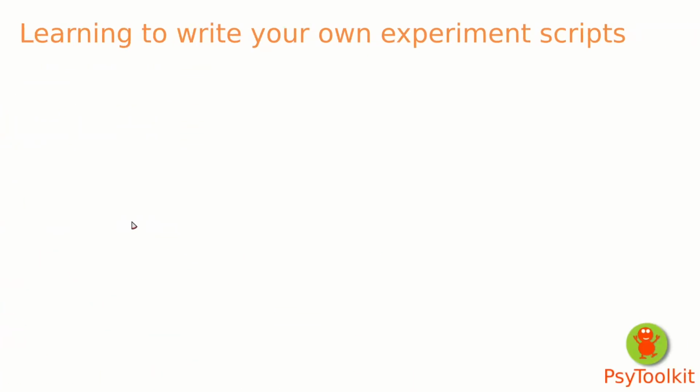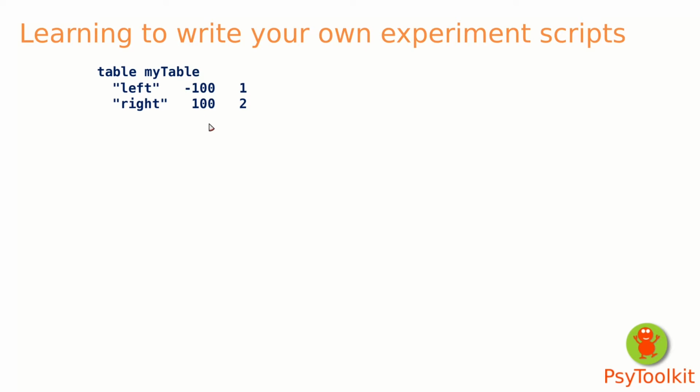Okay, let's now look at learning to write a more complicated script. We have two experimental conditions here. So we put those in a table. We have a table, and I call it my table, and you can have two conditions. Let's call them left and right. And all we want to do in this experiment is show the word left on the left of the screen, the word right on the right of the screen.